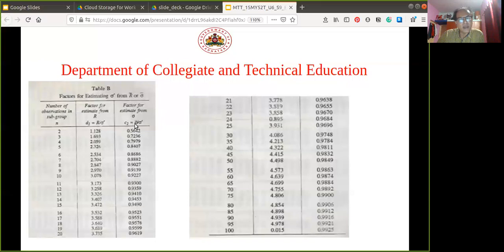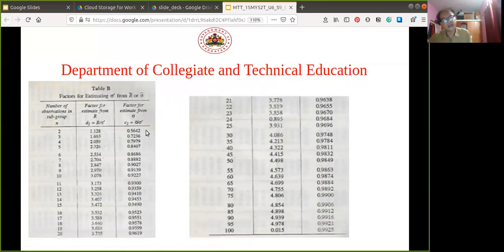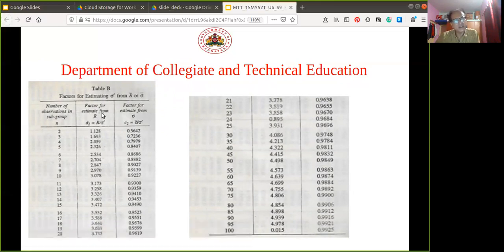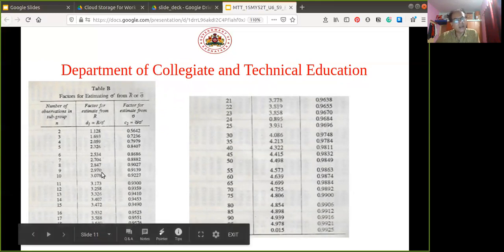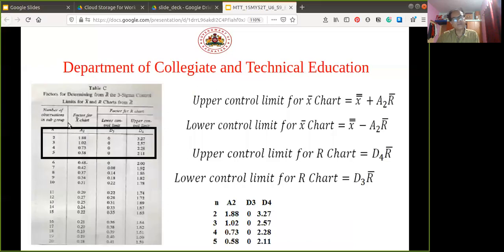The sigma value will be considered if you want to draw the X bar sigma chart, and if you want to construct the X bar R chart, you take the R value. These values of R and sigma correspond to the sample size, that is small n. Next, the table C.